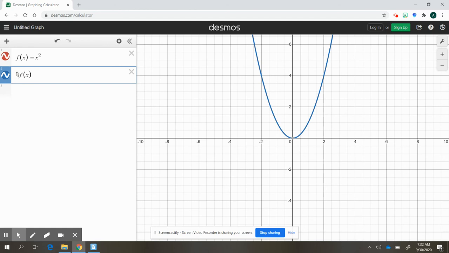And part A asks us if we put a value out front, an A value that is greater than 1, so let's say 4. What happened to our graph when we type this in? Well, in this case, this is going to be a vertical stretch, right?